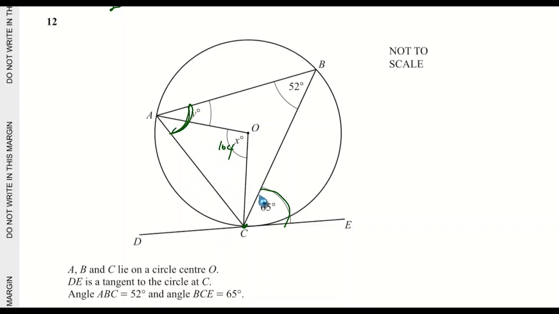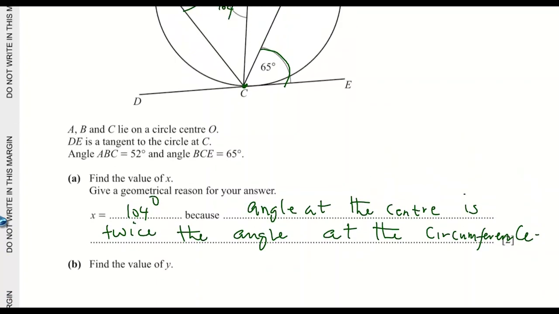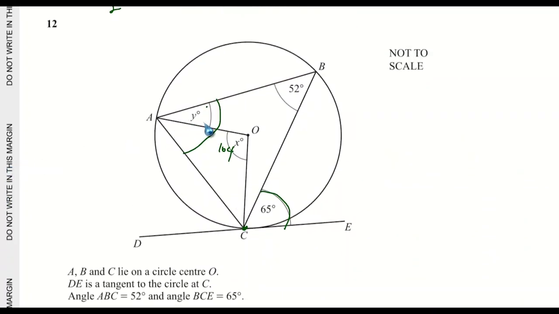These two angles are alternate, and alternate angles are equal. So this is how we can get this value of y easily.